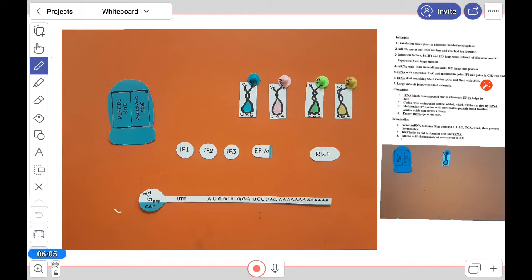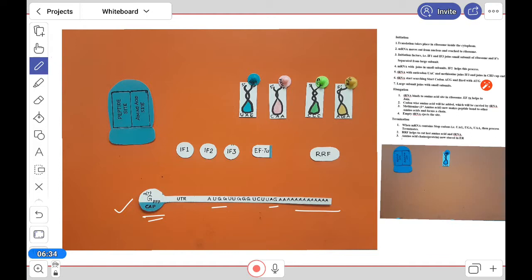This is the processed mRNA that we already saw in transcription: this is the cap, this is the untranslated region, UTRs, this is the start codon, this is the stop codon, and this is the poly-A tail, which I think you have already studied.